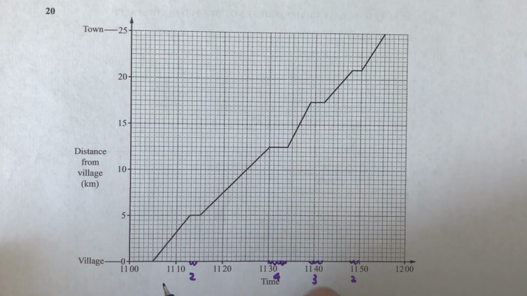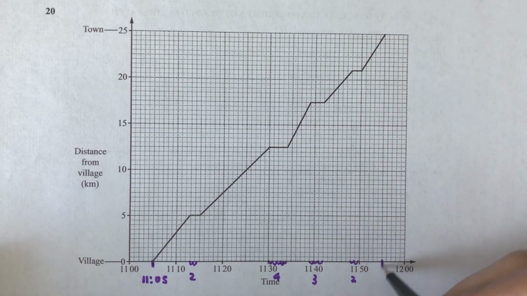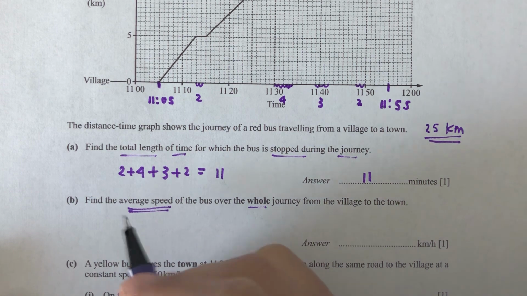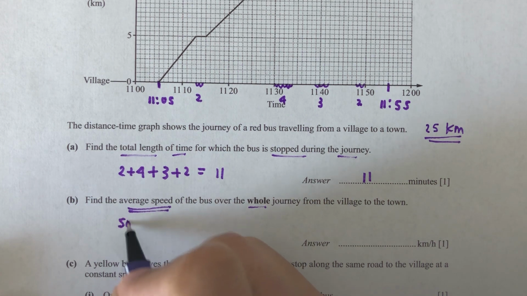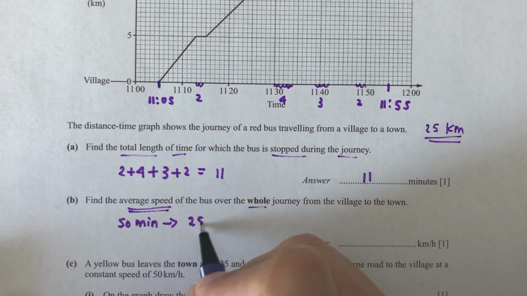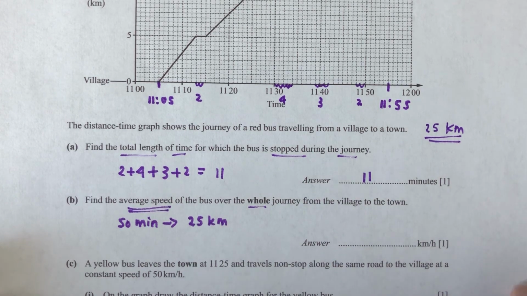We can see that the bus began traveling at 11:05 and stopped at 11:55. So it took the bus 50 minutes to travel from village to town. So 50 minutes, 25 km. That's the distance between the village and the town.